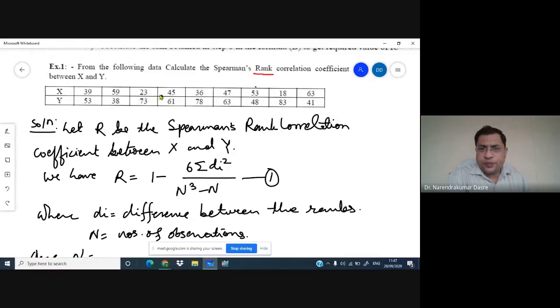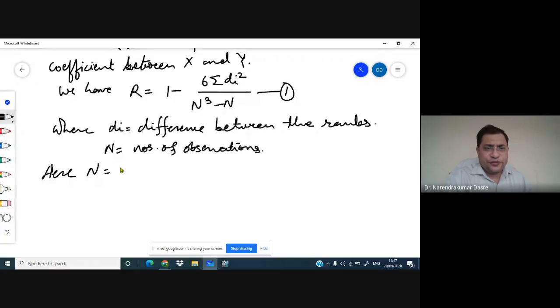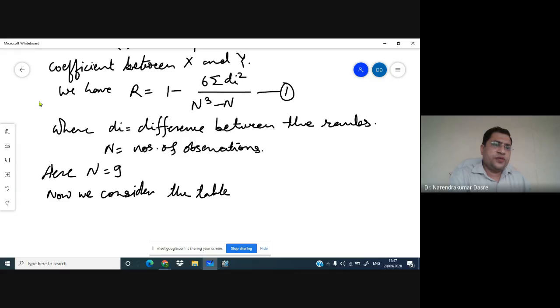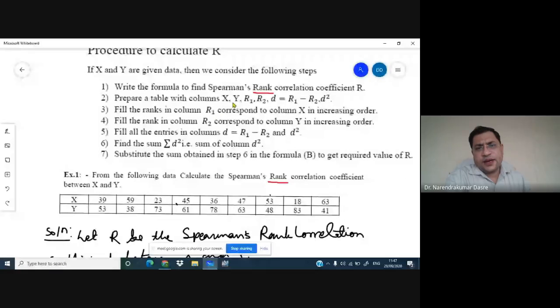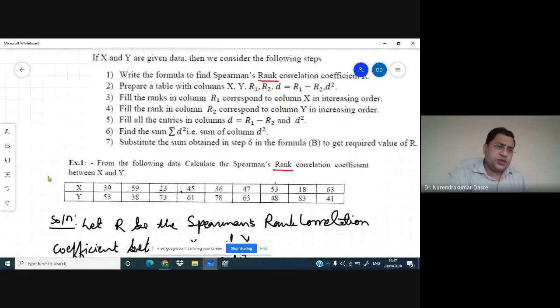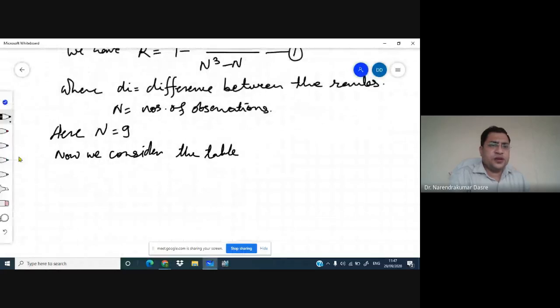Now we consider the table. What are the columns in the table? X, Y, R1, R2, D, and D square. These are the columns that we have to consider here. So let us consider the table.